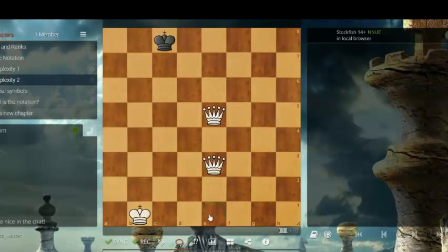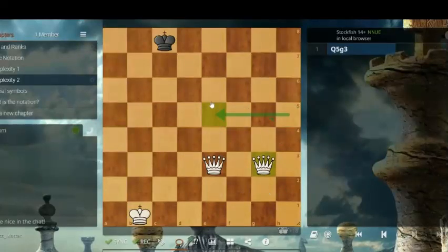Now, let's say this queen on e5 wants to go to this square g3. Well, we can't just write queen to g3 because two queens can go to g3. But we also can't write queen e to g3 as both queens are on the e file. So, what do we do? This time we write numbers. The notation is queen 5 to g3.